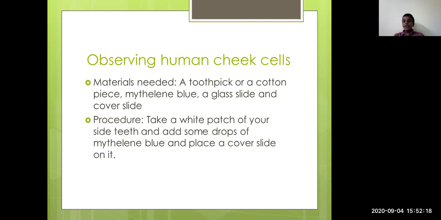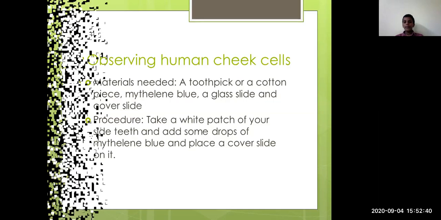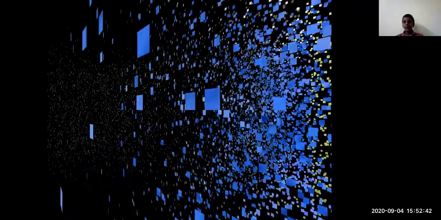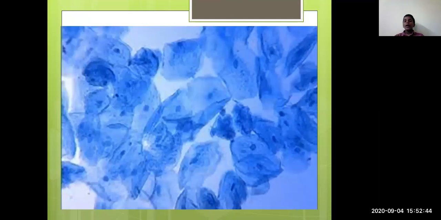The procedure: take a white patch from the side of your mouth near the teeth and place it on the slide, add some drops of methylene blue, and cover it with a cover slip. After that, watch it under the microscope.